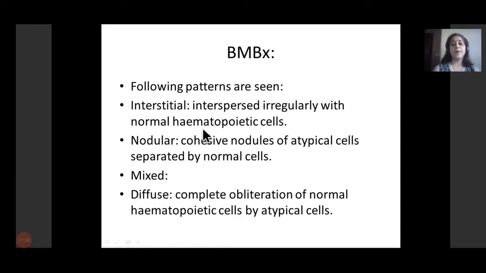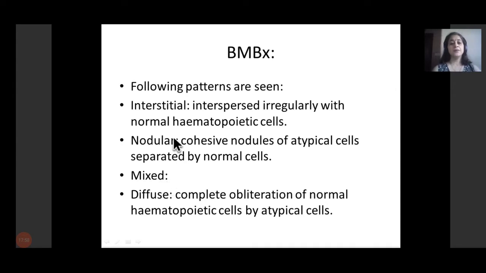Also, rarely we can have paratrabecular, that is along the bony trabecula, that is the dispersion. Where also we can have a nodular pattern of cohesive cells, that is the atypical cells separated by the normal cells. This is also next in the frequency of occurrence to the interstitial pattern of deposition.